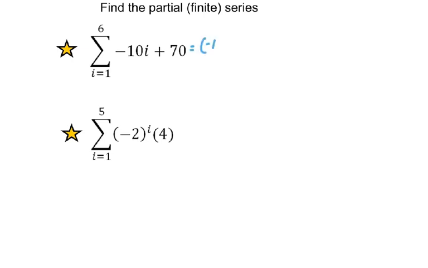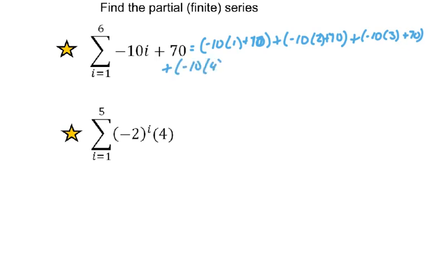So basically we have negative 10 times 1 plus 70. That does not look like 70. There we go. Plus negative 10 times 2 plus 70. Plus negative 10 times 3 plus 70. And then plus negative 10 times 4 plus 70.